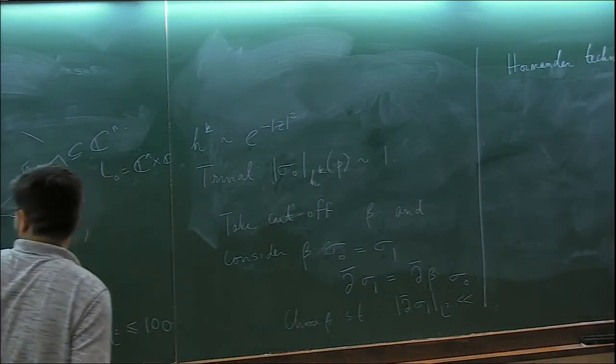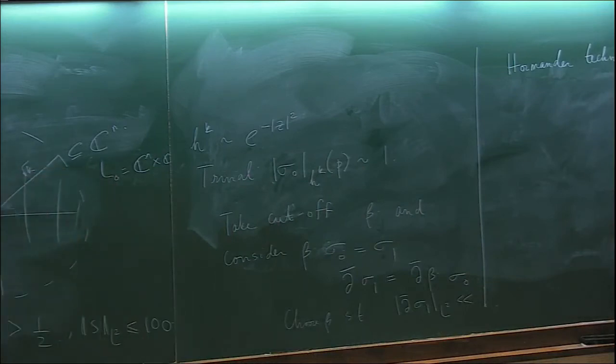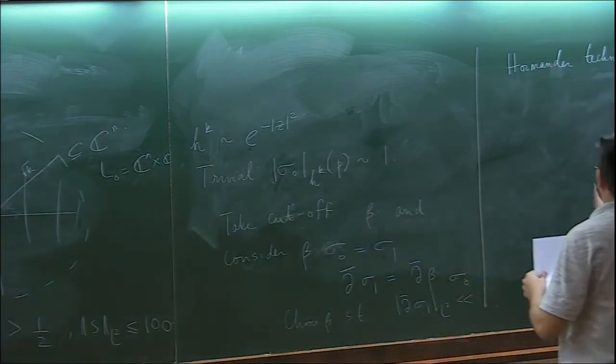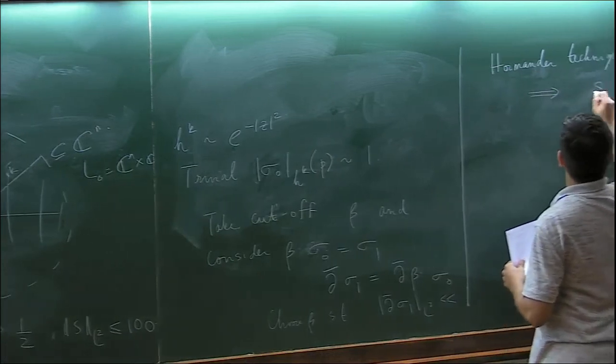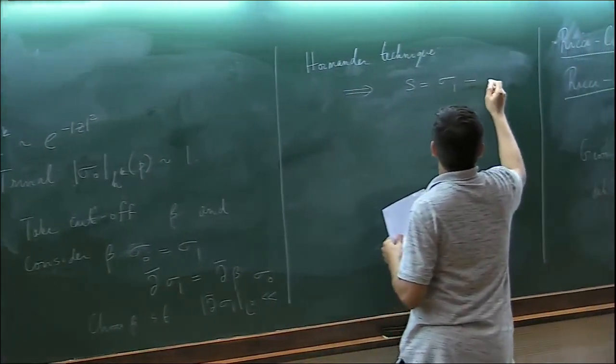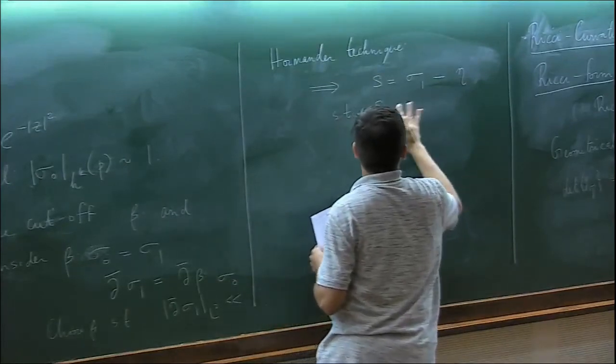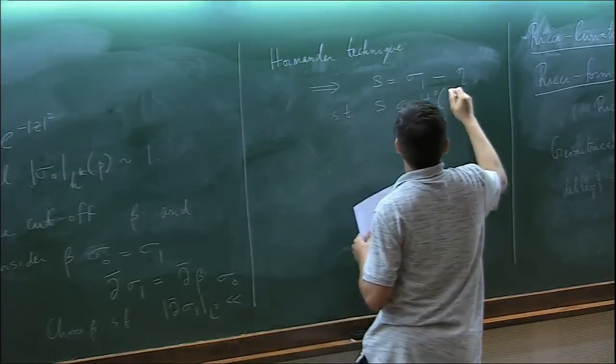But here, because we are working on a compact manifold, it is even easier than his work. So Hörmander technique implies that you can add a correction, eta, such that S is actually a holomorphic section of this.